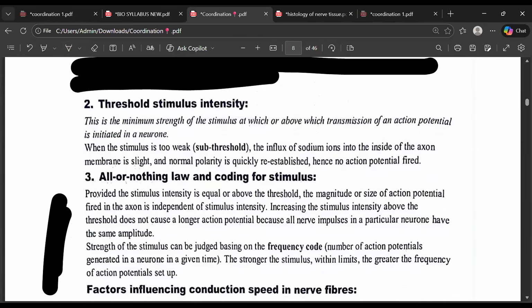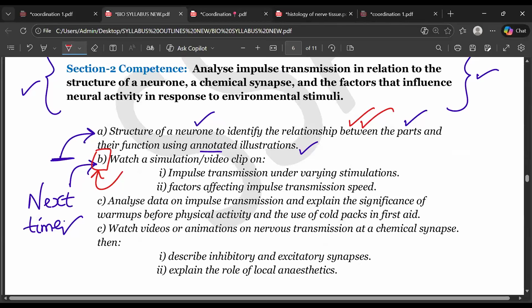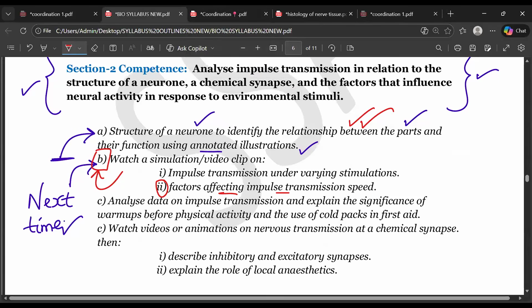Here we shall talk about the threshold, the all or nothing law, and the factors influencing the conduction speed. I think also here in the syllabus, Roman 2, factors that are affecting impulse transmission speed. The things of inhibitory and excitatory synapse, those ones are easy.